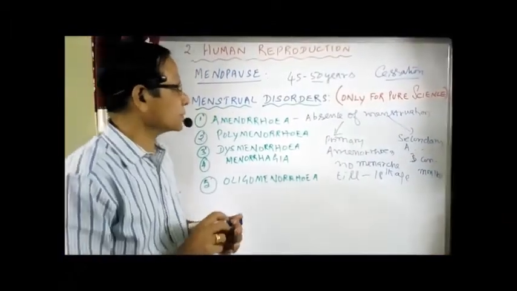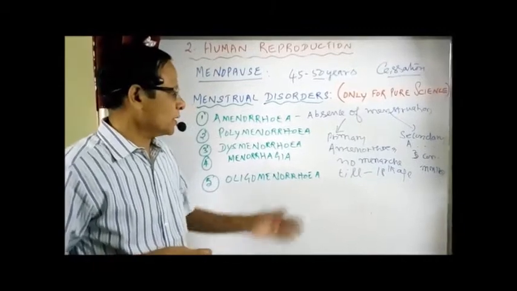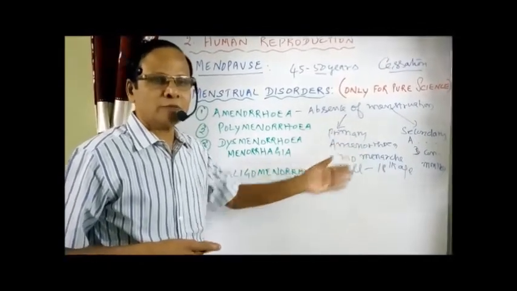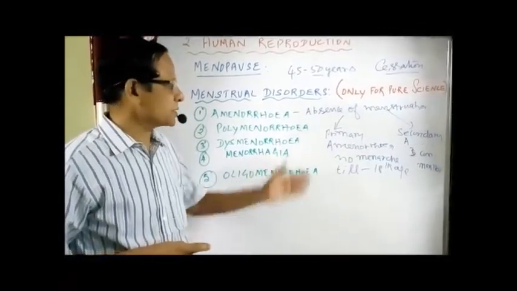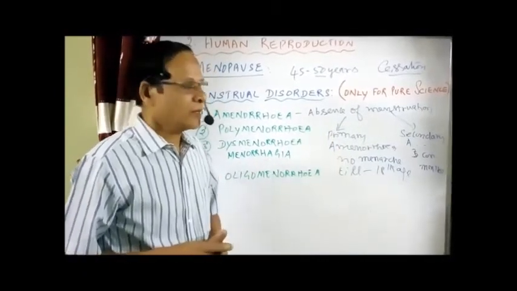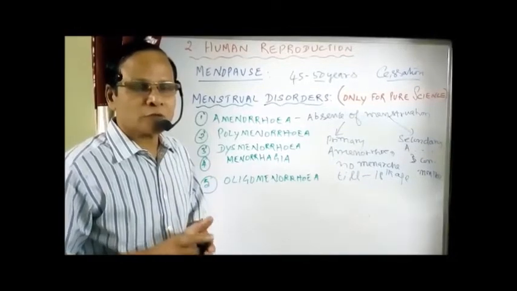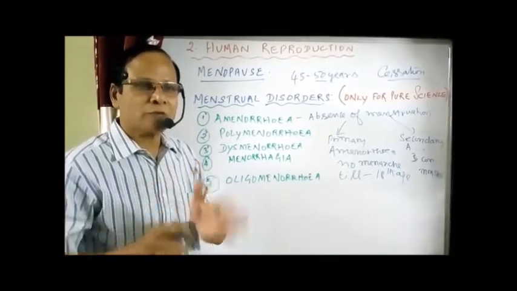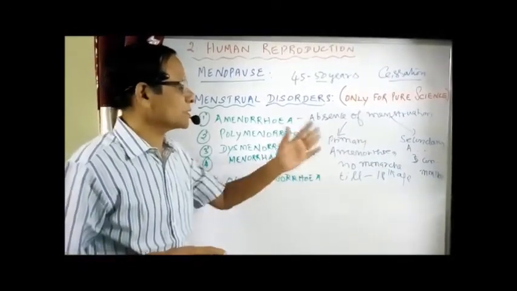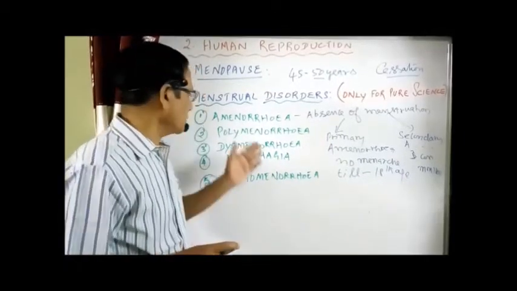So amenorrhea is absence of menstruation. If menarche or puberty is not attained till the age of 18, it is called primary amenorrhea. And if there is absence of menstruation for 3 consecutive months, it is called secondary amenorrhea. We will see the others one by one.